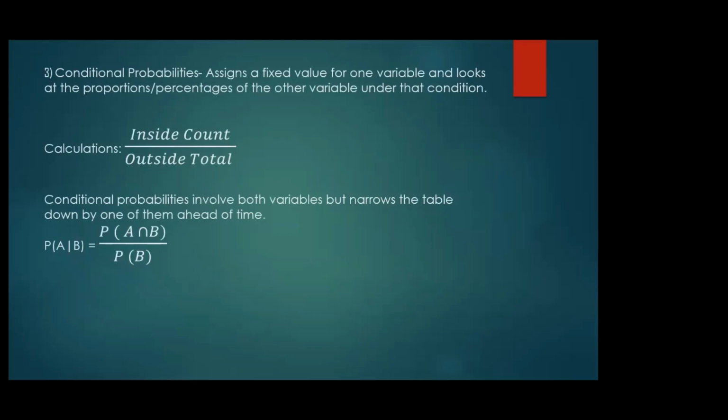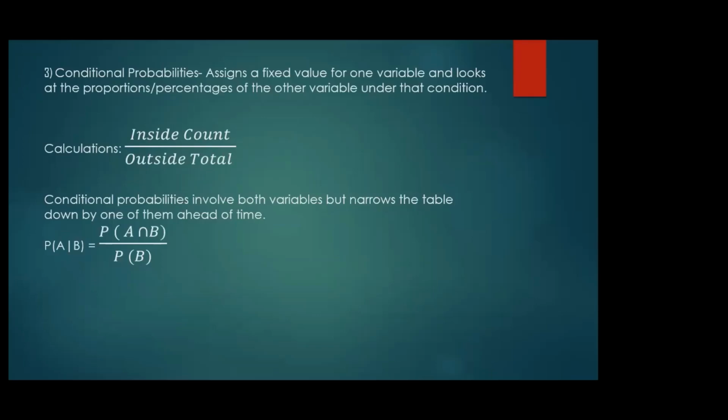Then we have conditional probabilities. Conditional probability is normally assigned a fixed value for one variable and looks at the proportion or percentage of the other variable under that condition. It's calculated using the inside count divided by the outside count.